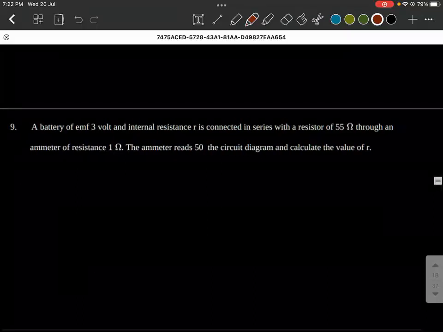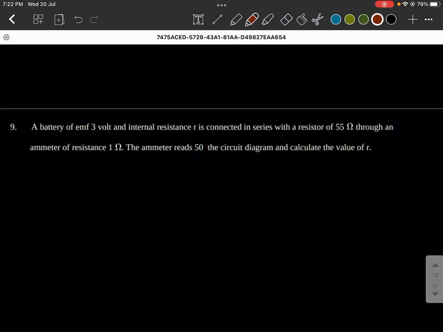So there is a battery of EMF 3 volt. First draw the battery with internal resistance small r. It is connected in series with a resistor of 55 ohm through an ammeter, which shows a reading of 50 ampere. Actually, I think there is a small problem with the question. 50 ampere is too much current because it is 50 milliampere.